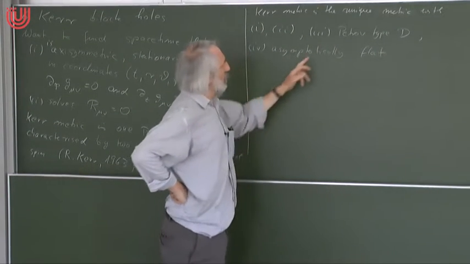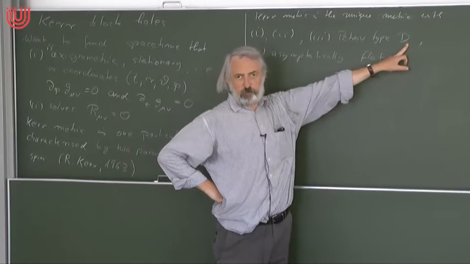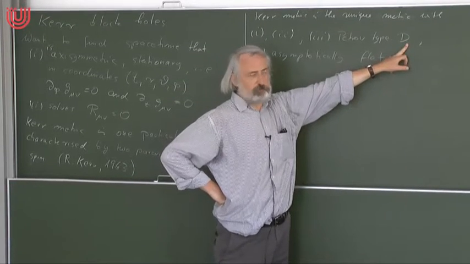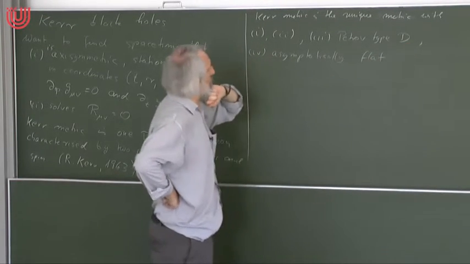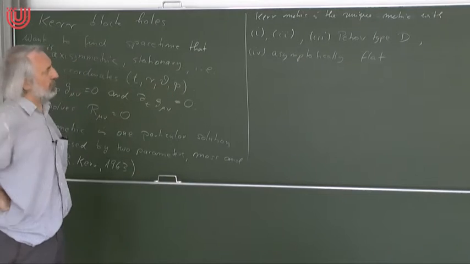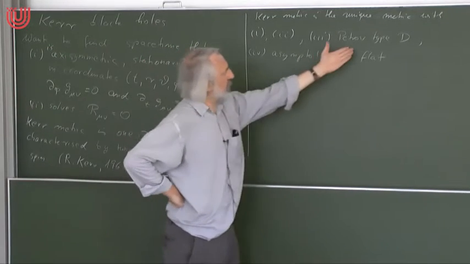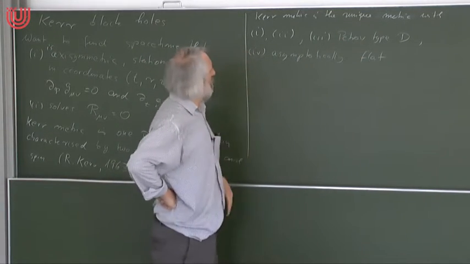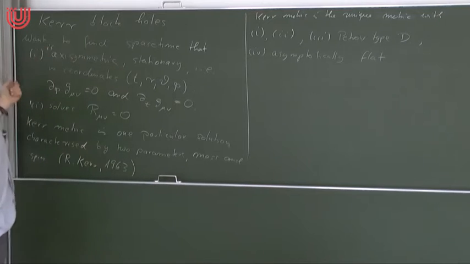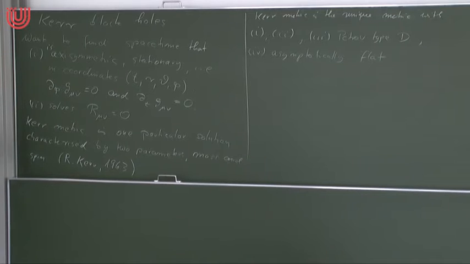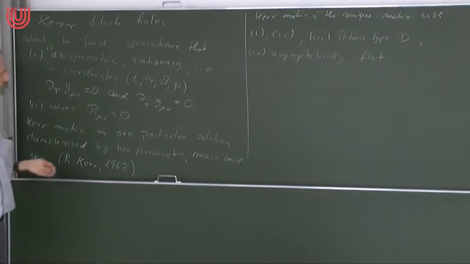What you would have to do is learn this Petrov classification, this eigenvalue problem for the conformal curvature tensor, then restrict to this particular type D solutions, add the condition of asymptotic flatness, make this ansatz, and plug it into the field equation, then you get this unique solution. So this would be a rigorous derivation of the Kerr metric.